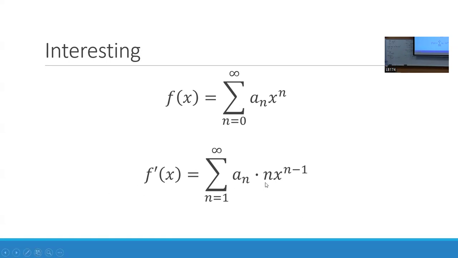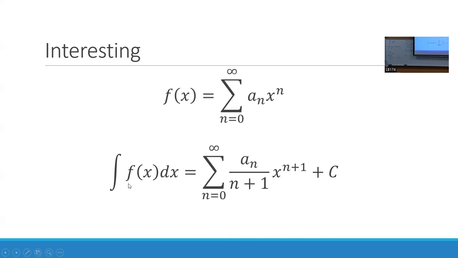And notice that this is an n to the first type growth. That's not going to change what type of growth dominates in here. The same thing is true if I integrate. If I integrate my function, I would add 1 to the exponent, divide by n plus 1 for each thing.